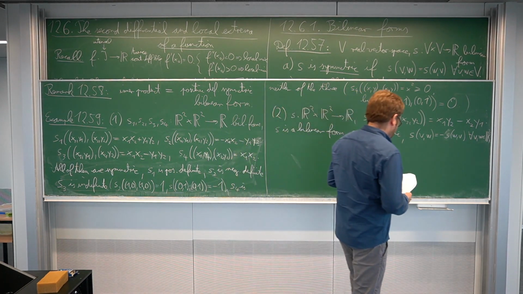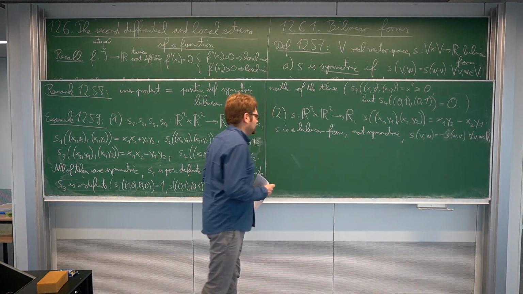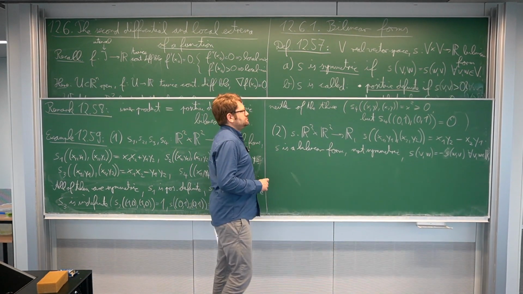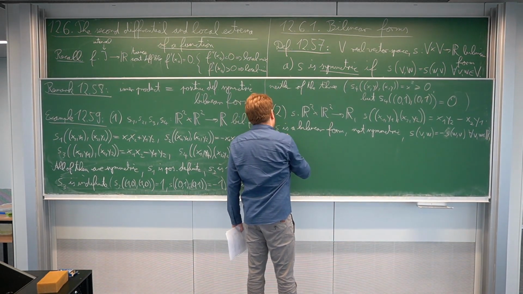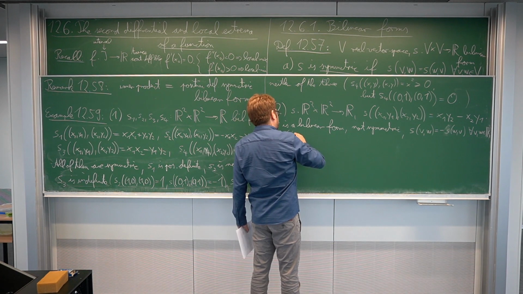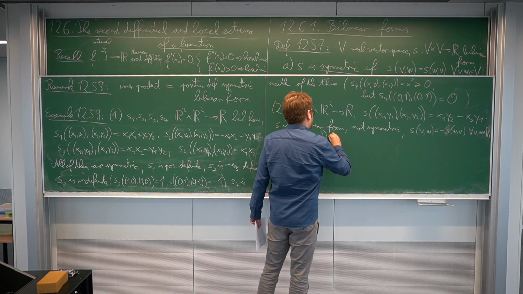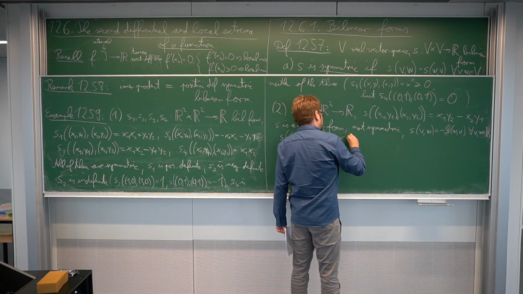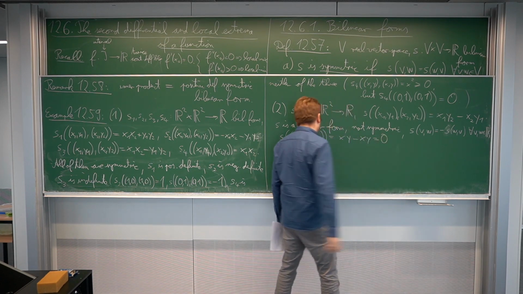But here we see that this is not symmetric. And the question is now, of course, what about the definiteness properties? It's easy to see that it has none of the three, because what happens if you have the same vector in there twice? S of (x,y), (x,y). Irrelevant of the index here, we would have x times y minus x times y, which is 0.